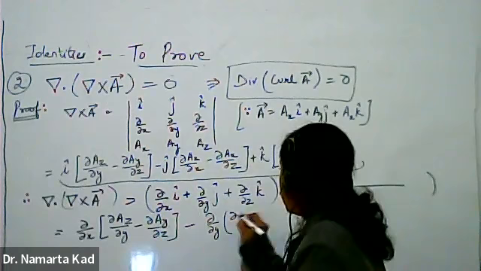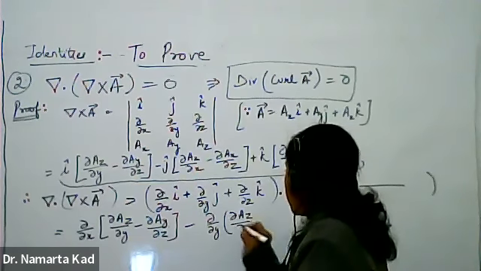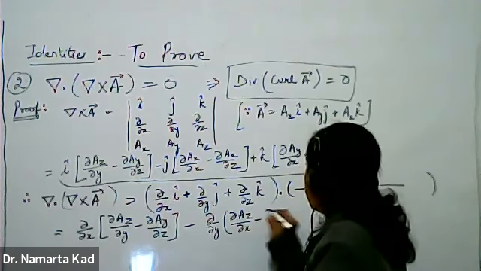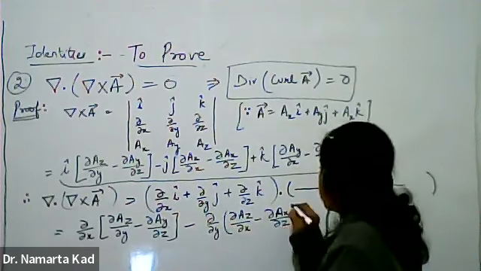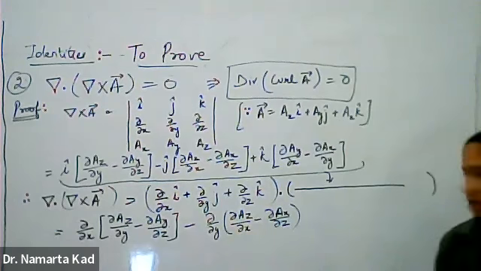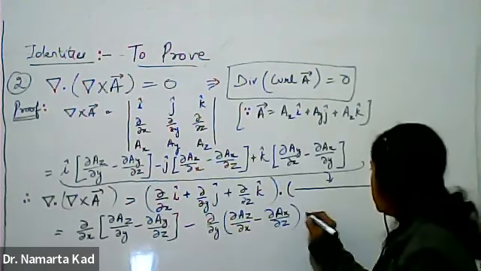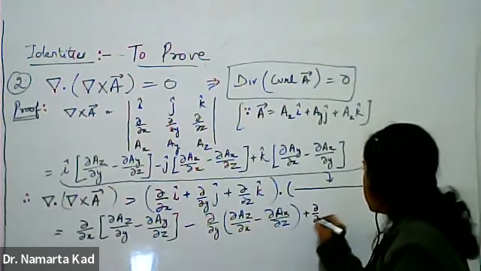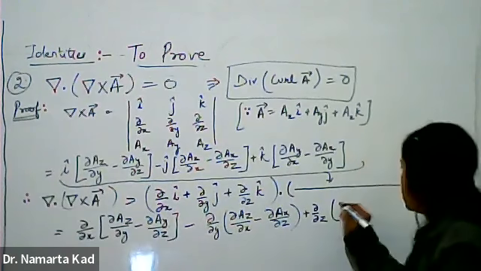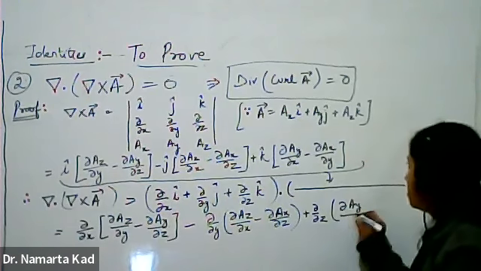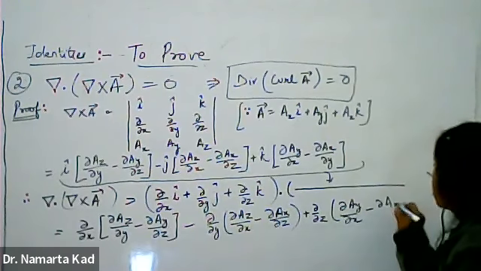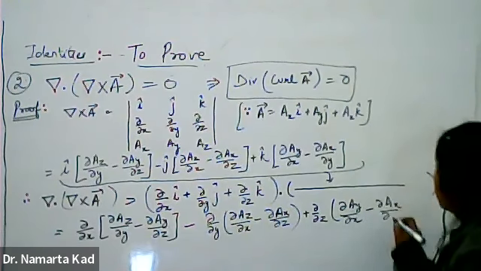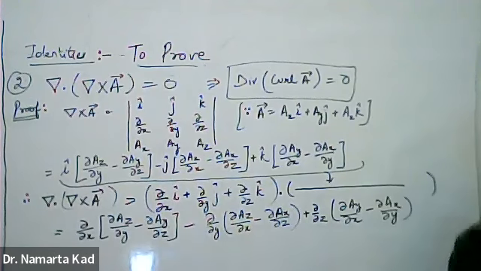So curly az by curly x minus curly ax by curly z. Like this. Then this one finally plus curly by curly z, curly ay by curly x minus curly ax by curly y, like this.